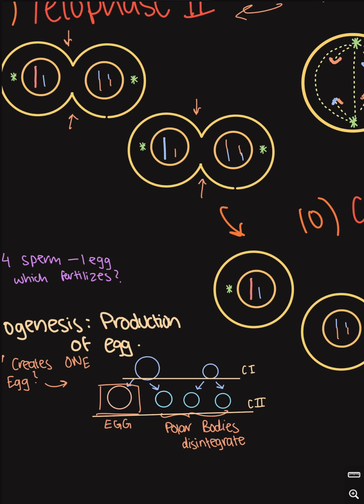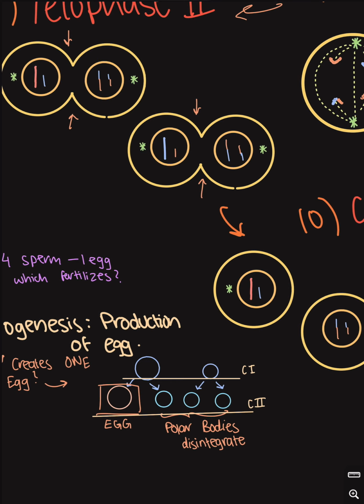But what happens is that after cytokinesis 1, one cell gets more cytoplasm than the other cell, okay? So that causes 1 cell to be bigger than the other, and that was only meiosis 1.